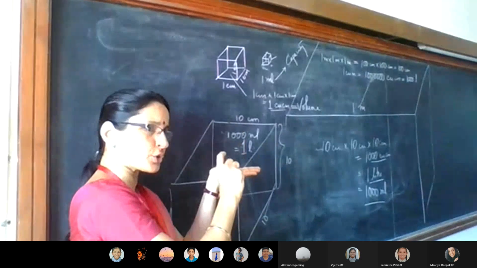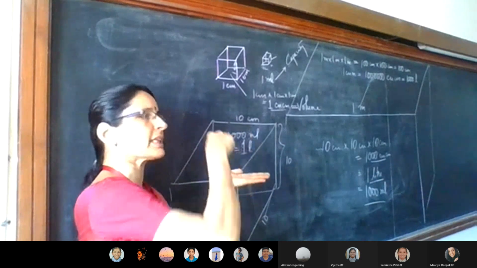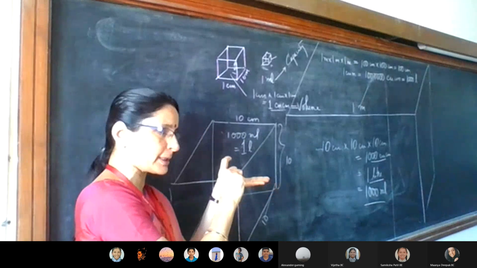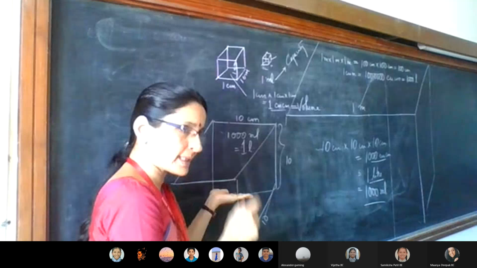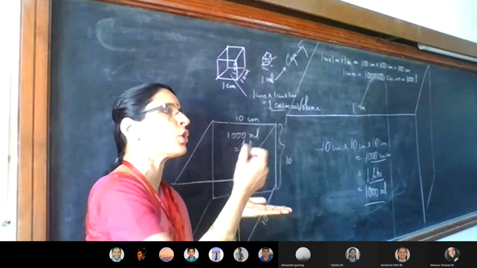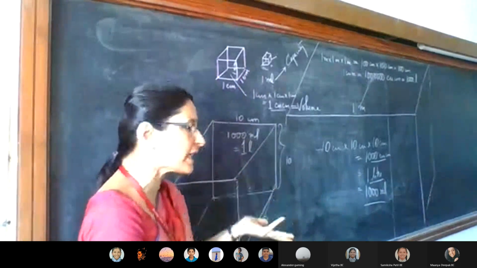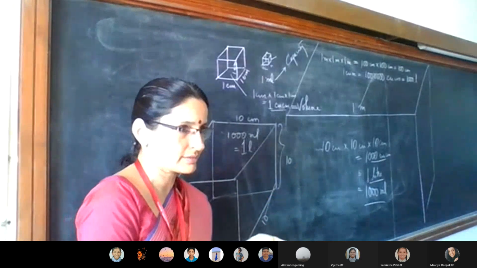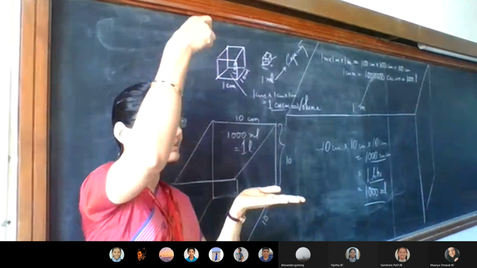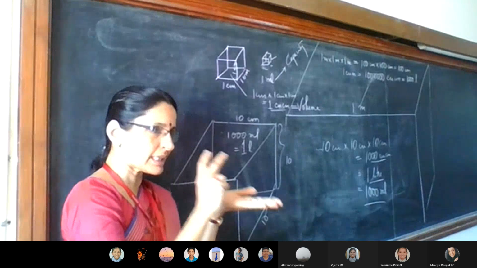That cube's volume is 10 centimeter into 10 centimeter into 10 centimeter. So 1000 cubic centimeter is volume. But it is observed that it will hold 1 liter of milk or any liquid. So its capacity is 1 liter. 1 liter won't come beyond this, right? Clear?